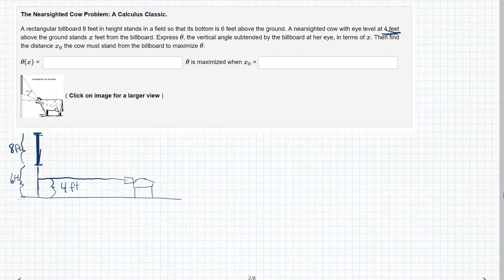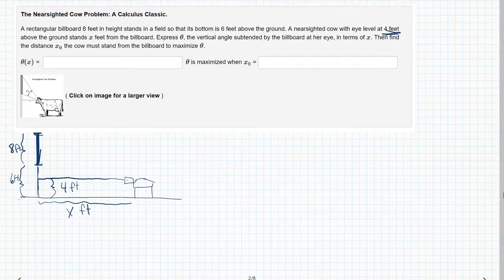Okay. Above the ground stands X feet. So let's say this thing right here is X feet. And notice I could put that right up above where you see the 4 feet in the same distance there. Express theta, the vertical angle subtended by the billboard at her eye, in terms of X.